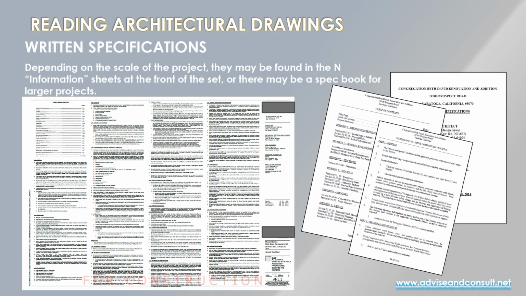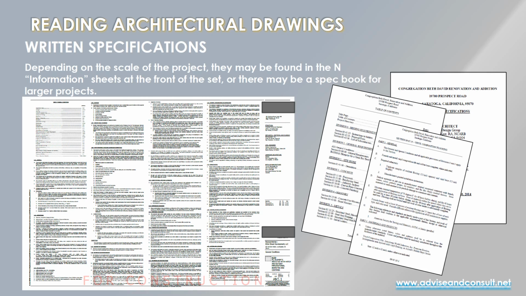On a smaller project, you're going to have a sheet spec, which is what is here on the left, and you can see there are a bunch of different sections, and in those specifications, you'll find manufacturer specifications. Generally it will say a manufacturer or equal, because the contractor can choose a different manufacturer as long as it meets all the requirements of the original specification. So that's a sheet spec.